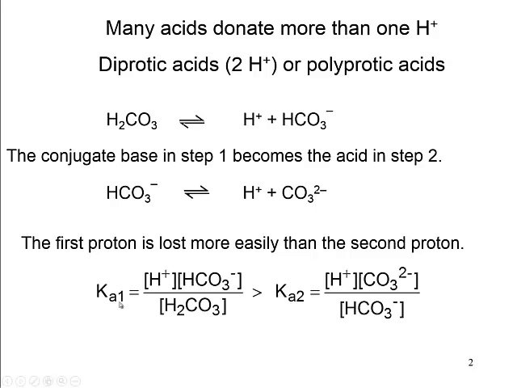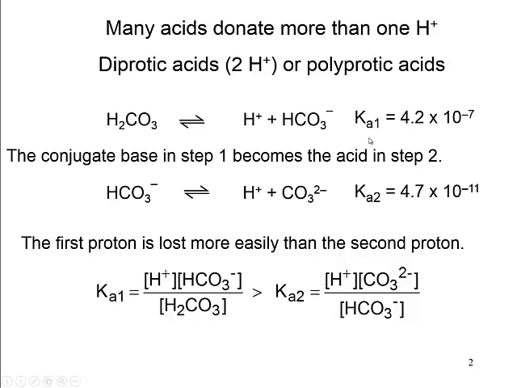The equilibrium constant for the first proton, Ka1, is products over reactants, and then the second proton also has its own equilibrium constant labeled Ka2. Ka1 is always significantly larger than Ka2.